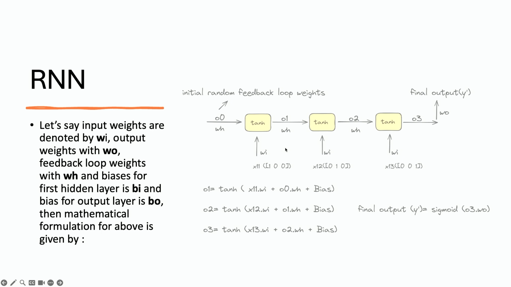So when this neural network works, it doesn't consider only input data, as in a fully connected layer neural network, but it also considers the output of the previous recurrent neural network. So it considers the current input and also the output of another recurrent neural network.